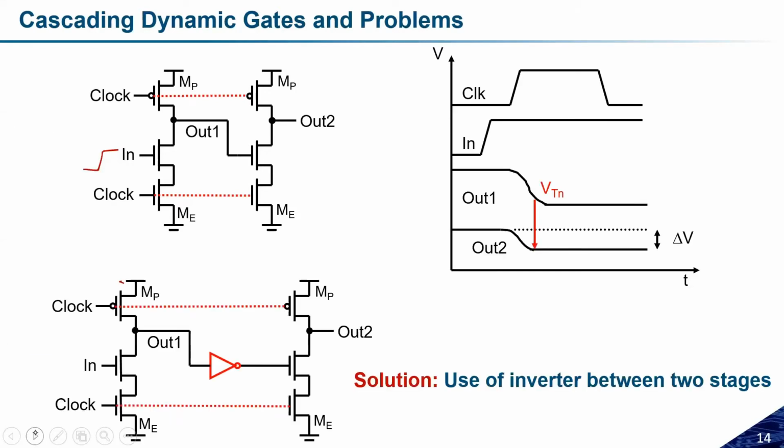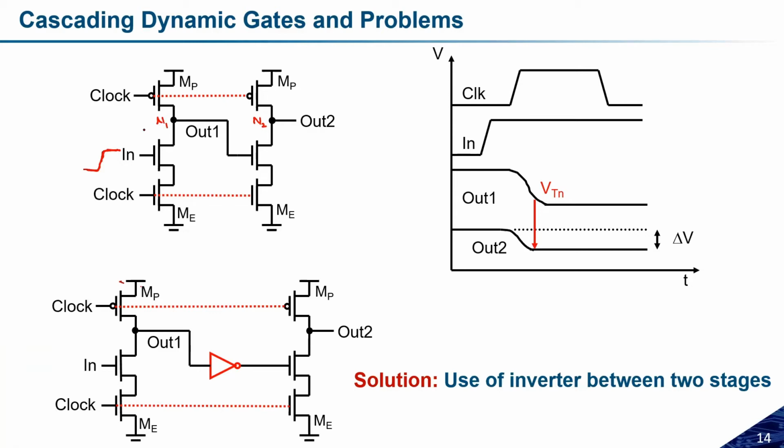See, let me explain it properly. Suppose I have changed the input from low to high. Okay, if I have changed the input from low to high, then what will happen? Let us assume initially the clock was 0, so this dynamic node is pre-charged. Okay, and this dynamic node is also pre-charged. This N1 and N2, these nodes are pre-charged.